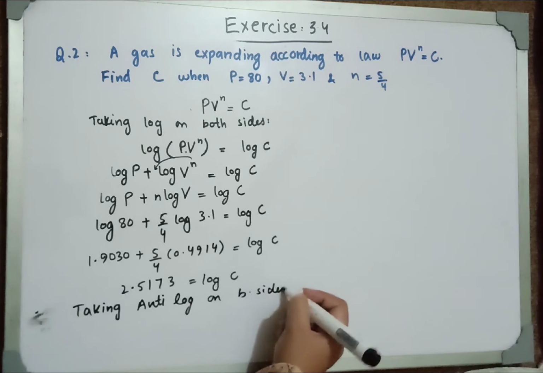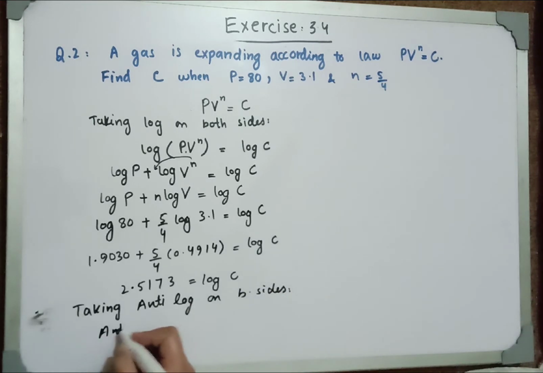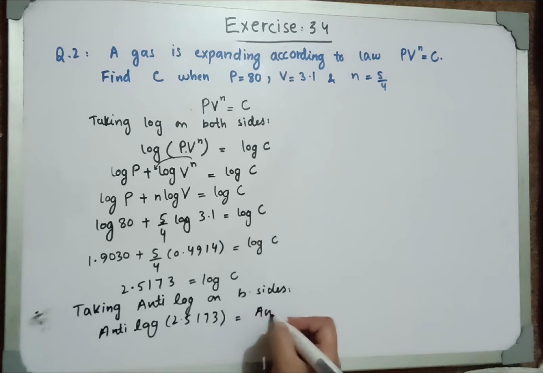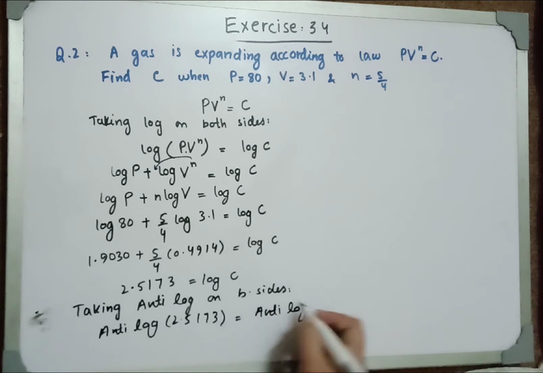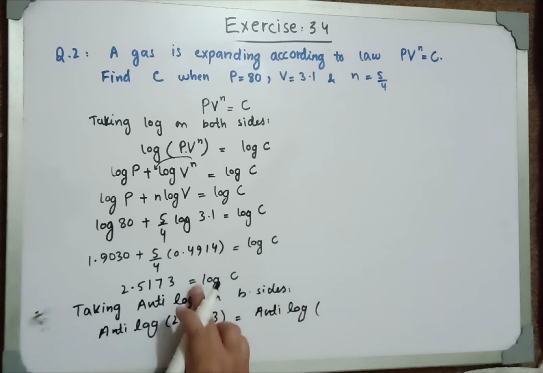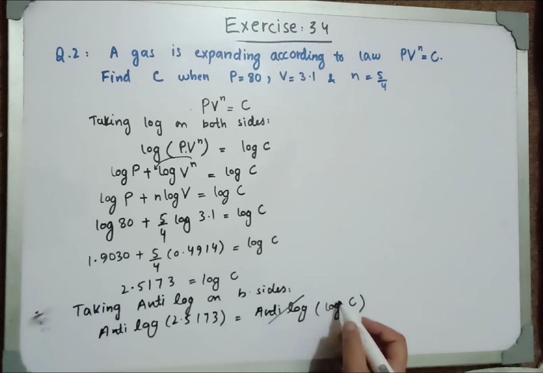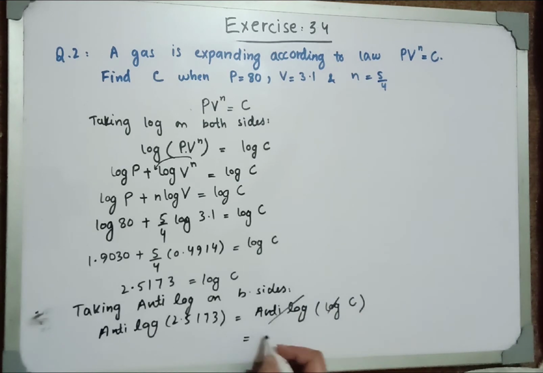So we will have anti-log of this number, 2.5173, is equal to anti-log of this side, and we already have log of C here. This anti-log will cancel log, and here we will have C only, and now we will take anti-log of this number, and it comes out to be 329.2, and we have solved the question.